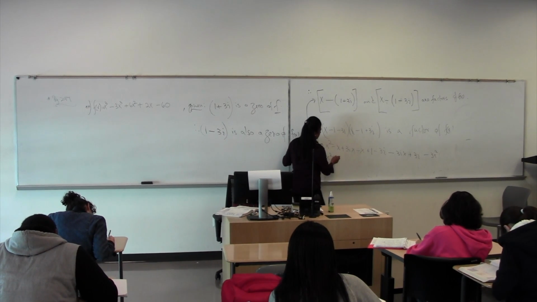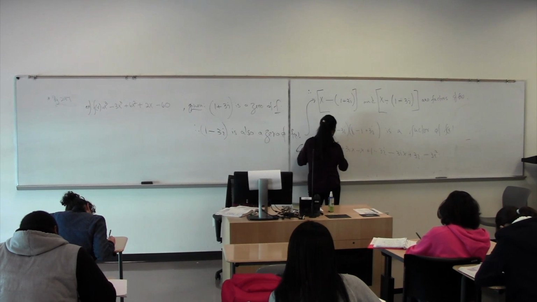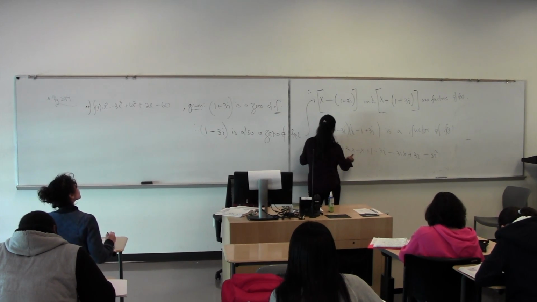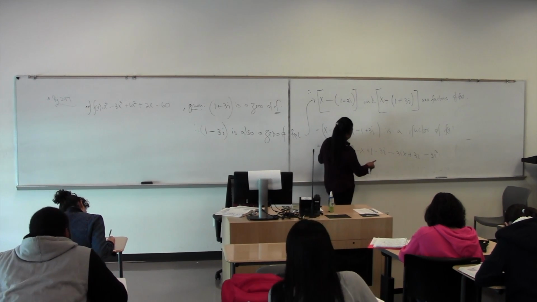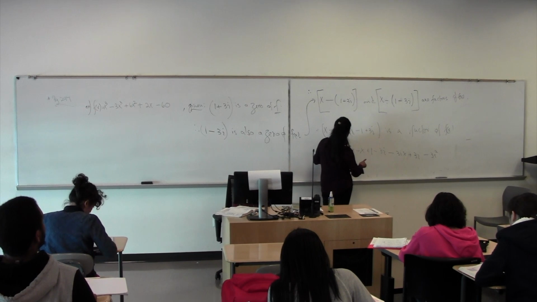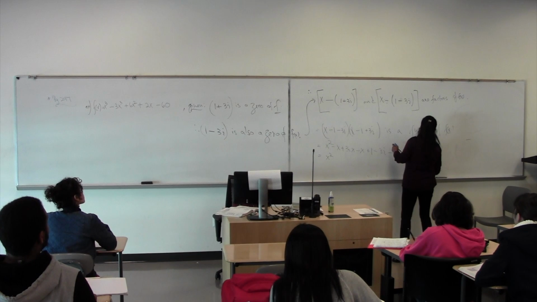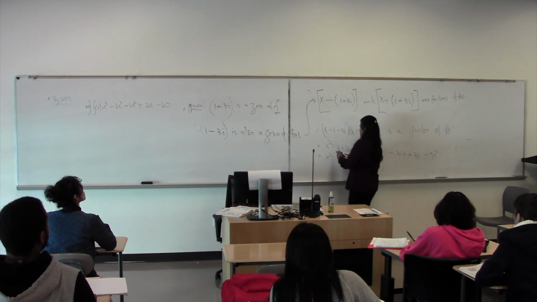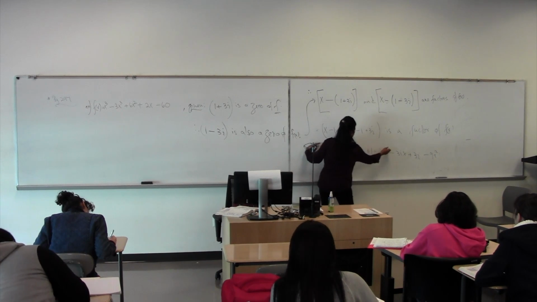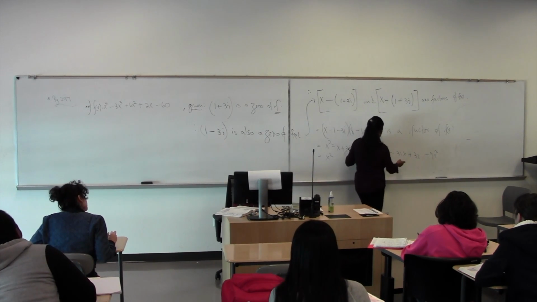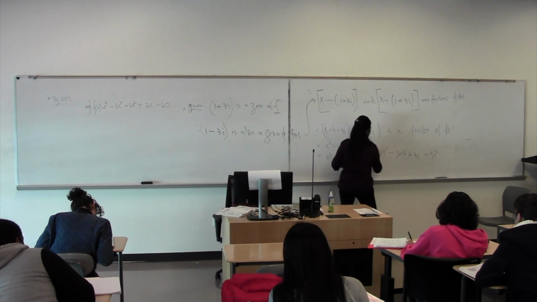x squared. Why is it minus 9i squared? Which one? The last one. 3 times 3, 9. Very good. Okay, so this gets cancelled, plus 3i, these get cancelled. These two get cancelled, correct?